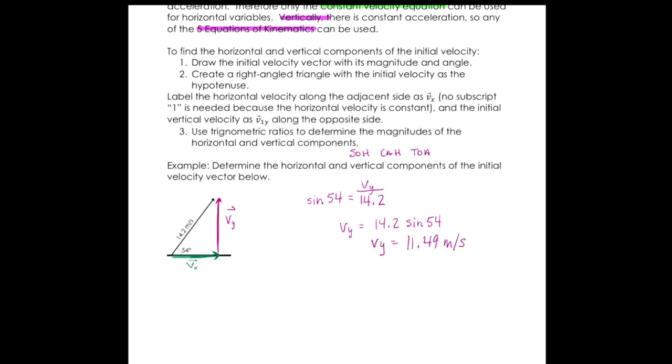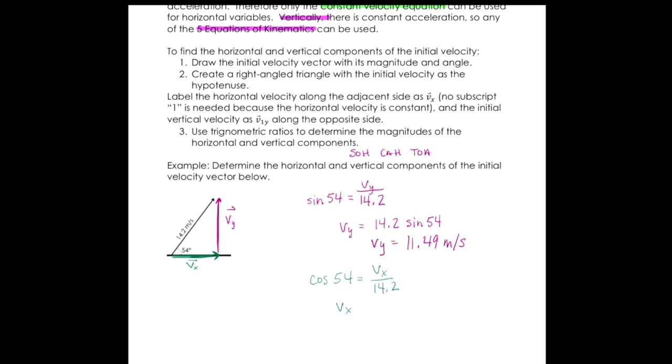Okay, and then to solve for Vx, it's the adjacent side to our angle, so we're going to use cosine of 54 equals our adjacent side, Vx, over our hypotenuse, 14.2.